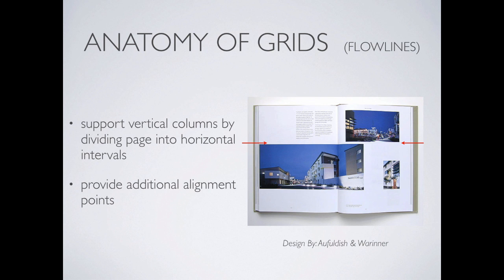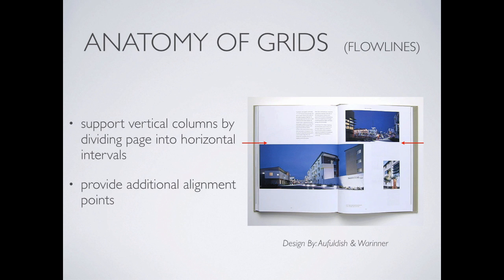Flow lines are kind of like a column interval, except they go in the opposite direction. So flow lines go horizontally across the page, and they divide content, right? And so sometimes seeing it in graphic format is the easiest way to see this. The flow line is this line that goes across here. So we have columns. There's a column interval in between those two columns, right?